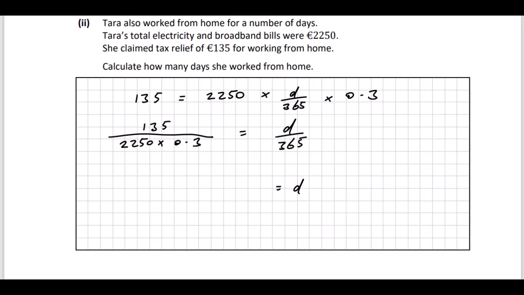Because the 365 is divided into D, we've got to multiply. So it's 135 multiplied by 365 divided by 2250 multiplied by 0.3. Finally, that'll give us a D of 73 days. So Tara worked for 73 days at home. Okay, so that's it for this question and this paper.